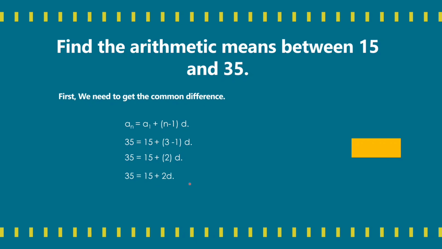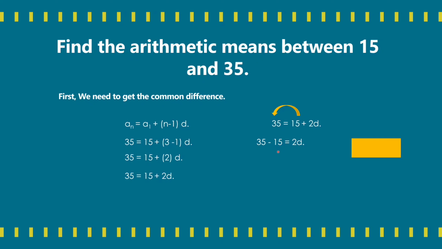Now to compute the value of d, or the value of our common difference, let's put 15 beside 35. If we put 15 beside 35, 15 becomes negative 15.